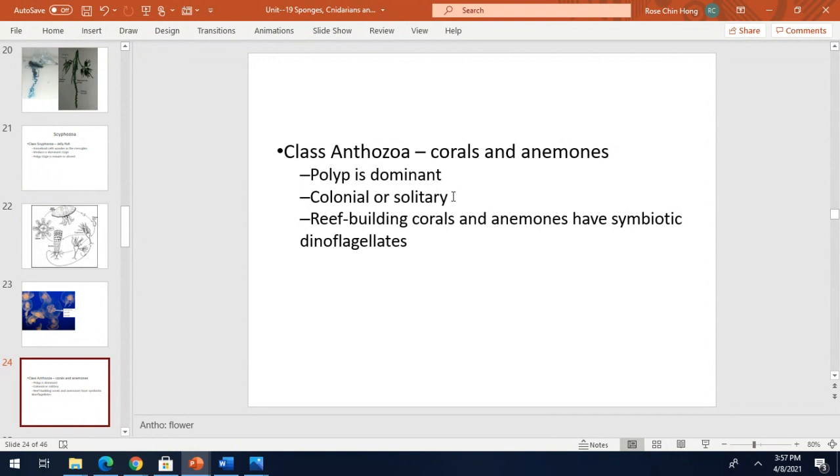They can be colonial or solitary, and they are very important for coral reef building. They build the coral reefs, and they have a symbiotic relationship with dinoflagellates, and the anemone also. Not all dinoflagellates are bad, we have a lot of very good ones.